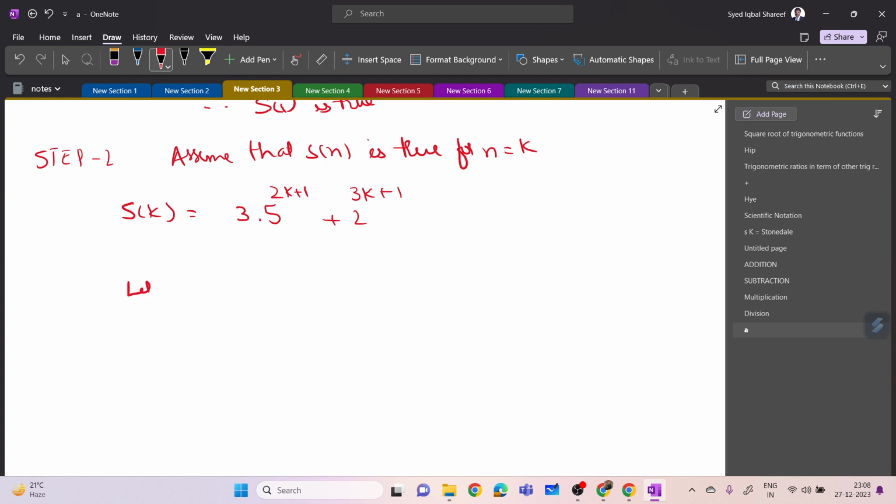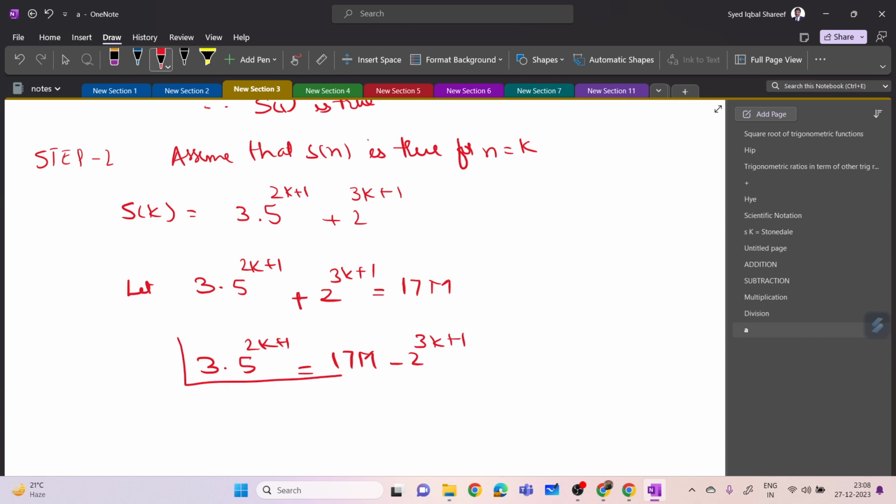So let 3 into 5 to the power of 2k plus 1 plus 2 to the power of 3k plus 1 equal 17 times some multiple m. So 3 into 5 to the power of 2k plus 1 equals 17m minus 2 to the power of 3k plus 1. Please make a note of this. This we will be using.